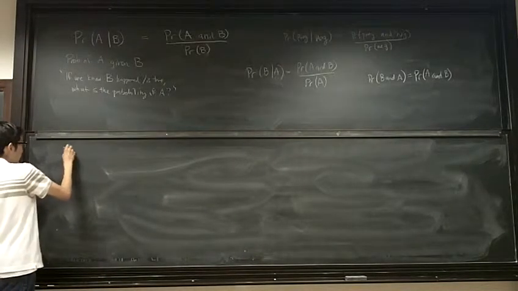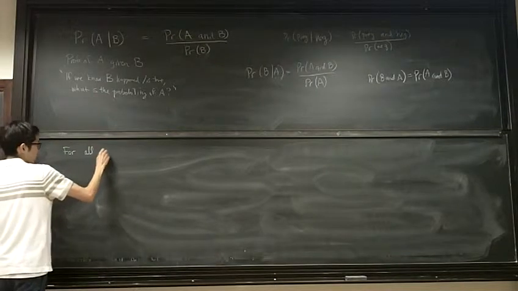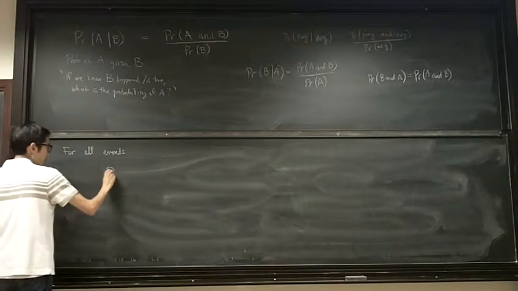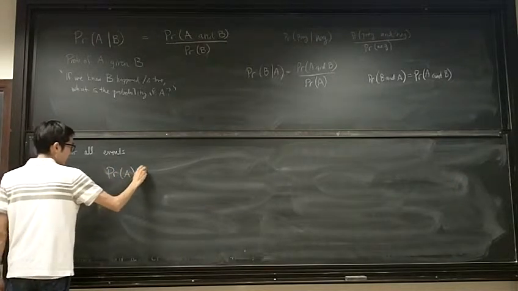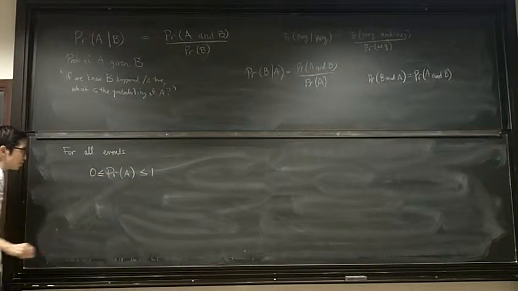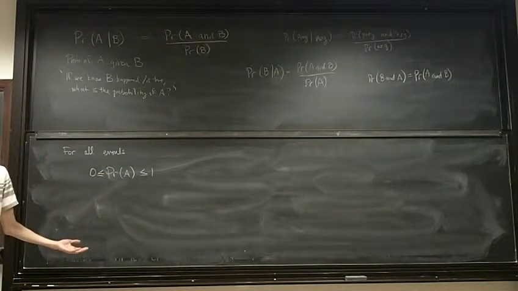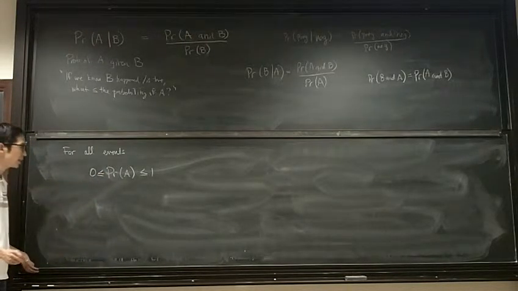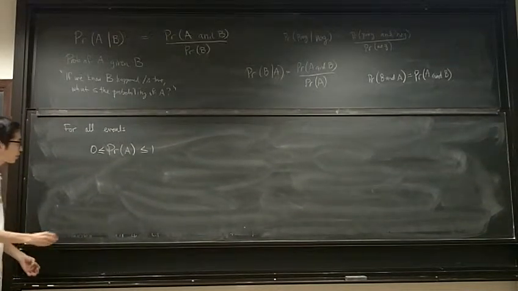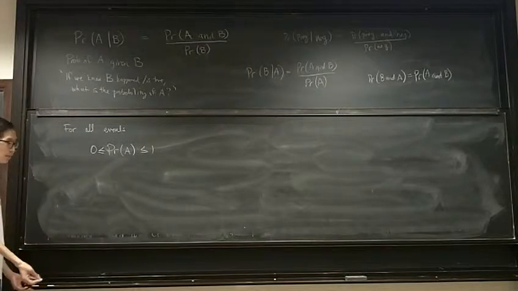So for all events, whatever it is, the probability of that event, A, is some number in between 0 and 1 inclusive, okay? If probability of A equals 0, it means it never happens. If probability of A equals 1, it always happens, okay?